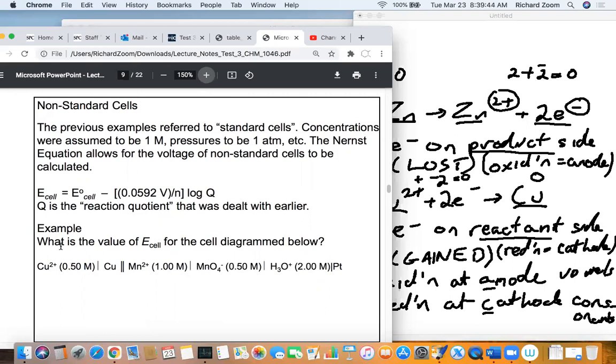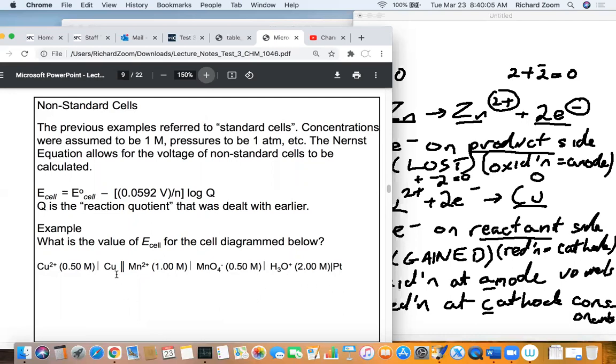So this is the question that we're presented with. It's a cell diagram, but you'll notice that the difference between this and the standard cell diagram we looked at earlier is that we have these concentrations that are put next to anything that's in aqueous solution.